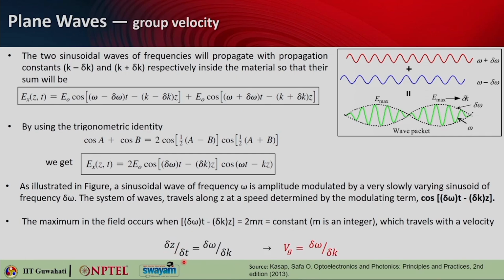In that case, you can find the velocity. Delta z by delta t, or dou z by dou t, gives dou omega by dou k. This is the definition of the group velocity, so Vg is dou omega by dou k. This is the derivation of how we come to this relationship for the group velocity.